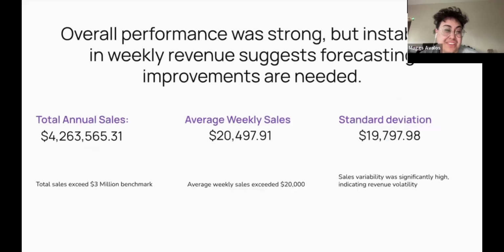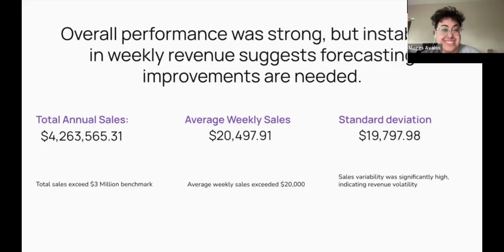For our descriptive results, we showed that total annual sales was $4,263,565.31, with average weekly sales being $20,497.91. Our standard deviation was $19,797.98.